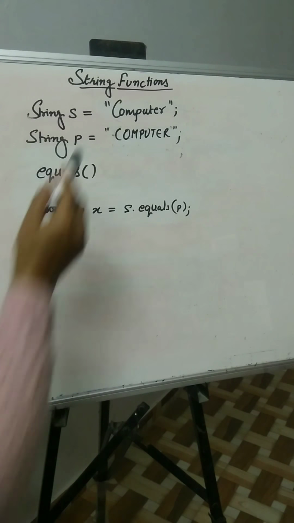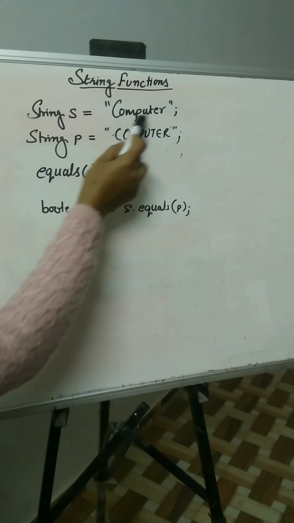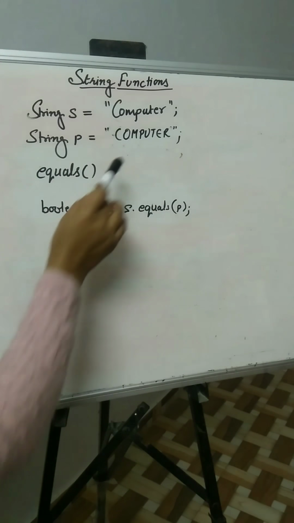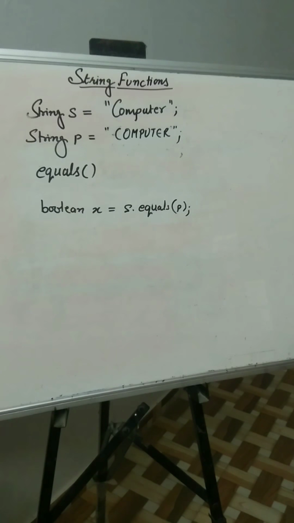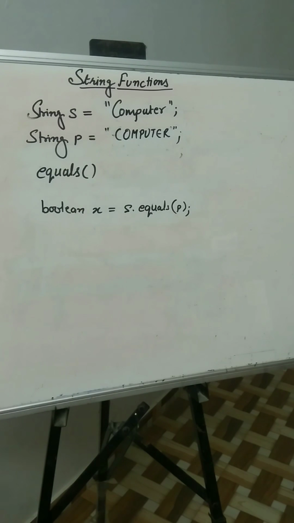You are saying here is computer, same string, here is computer, same string, but the equals function treats corresponding uppercase and lowercase characters differently. Here the characters are in lowercase, but here the characters are in uppercase. So these two strings are not identical. Clear?